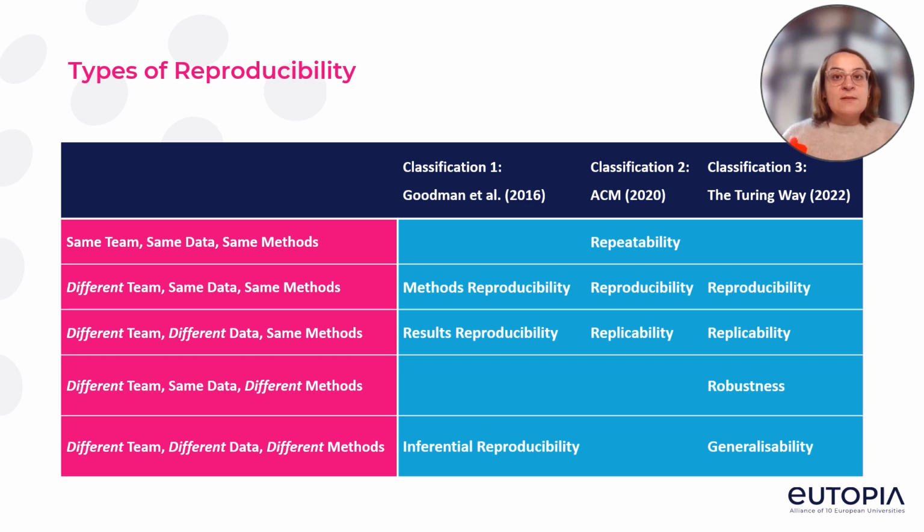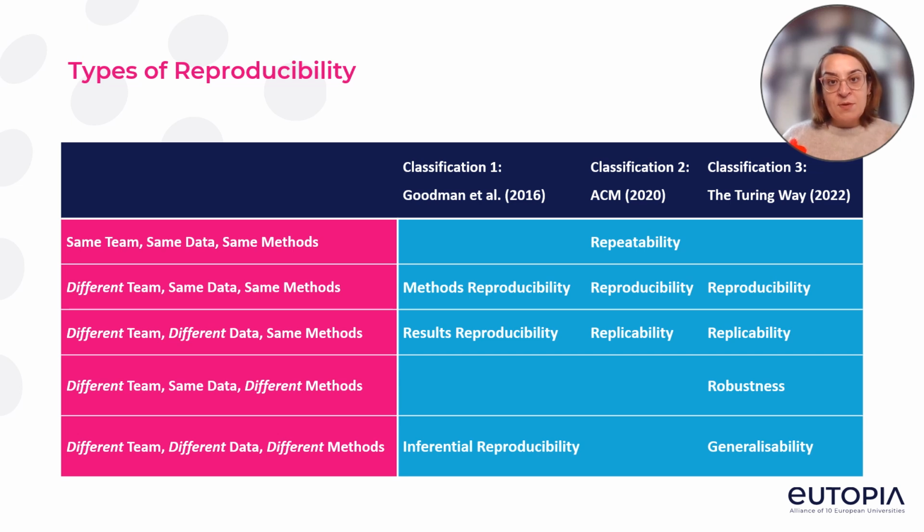One of the distinctions you might come across is the one between methods, results, and inferential reproducibility proposed by Goodman and colleagues in 2016, which is defined as follows.